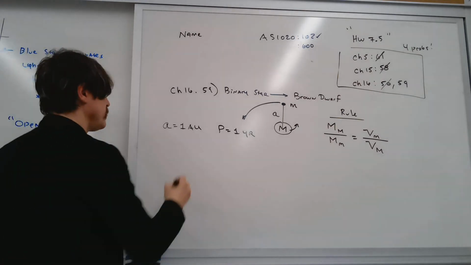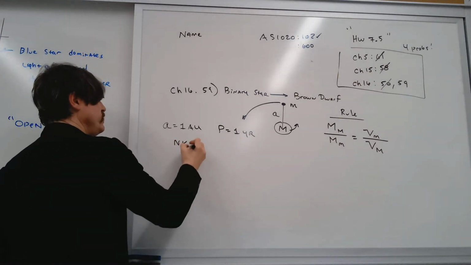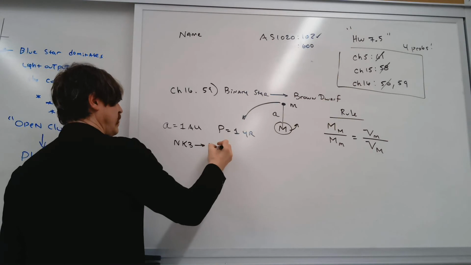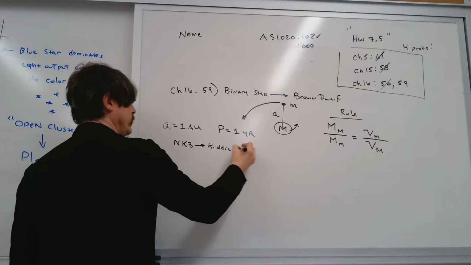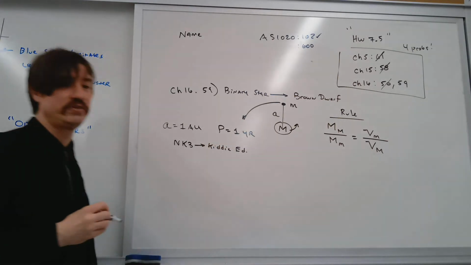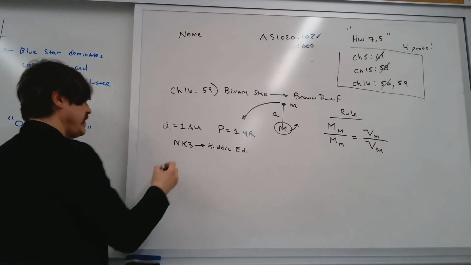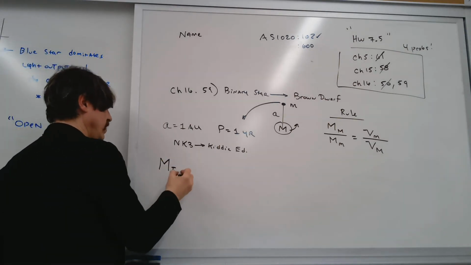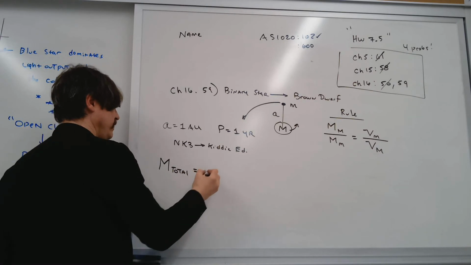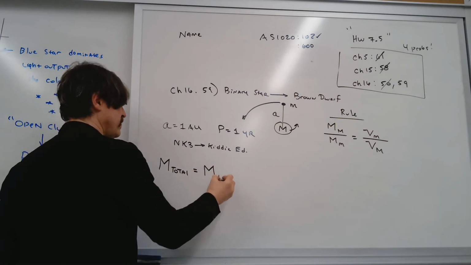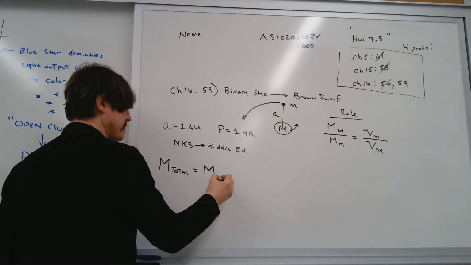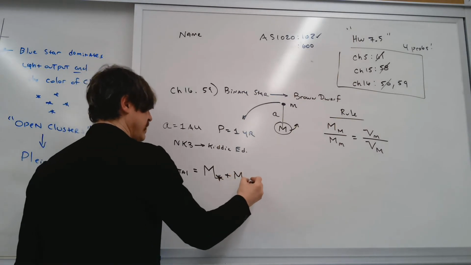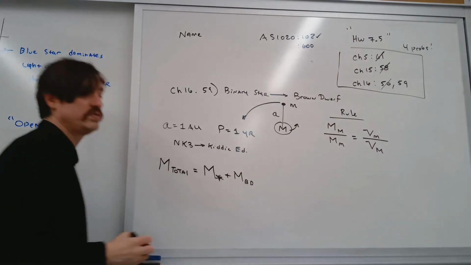What that tells me is that if I use Newton's version of Kepler's third law, the so-called Kitty edition, I can solve for the total mass of the system, which is the mass of the normal star plus the mass of the brown dwarf.